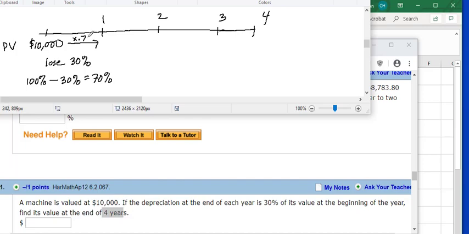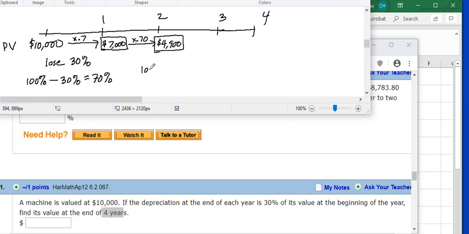So you're going to times this by 0.7, and after 1 year, its value will only be $7,000. And then for the next year, that $7,000 is going to lose 30% more. So if it loses 30%, it keeps 70%, and now it will only be worth $4,900.